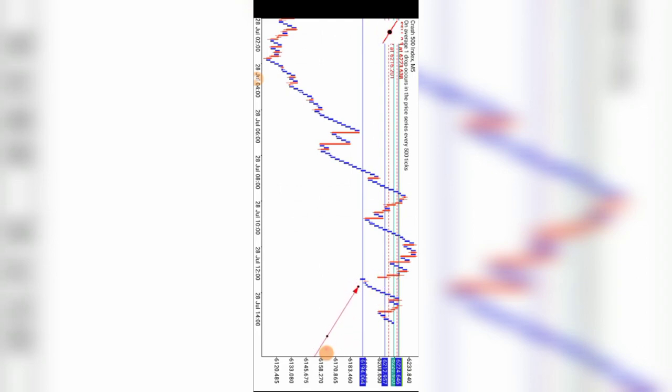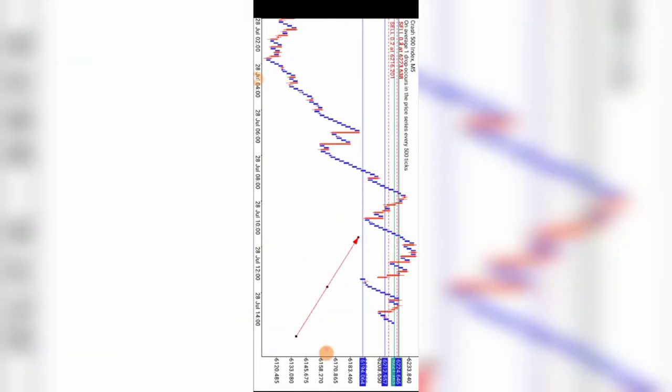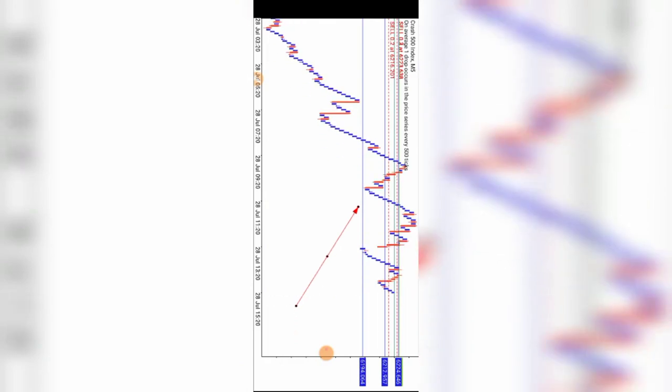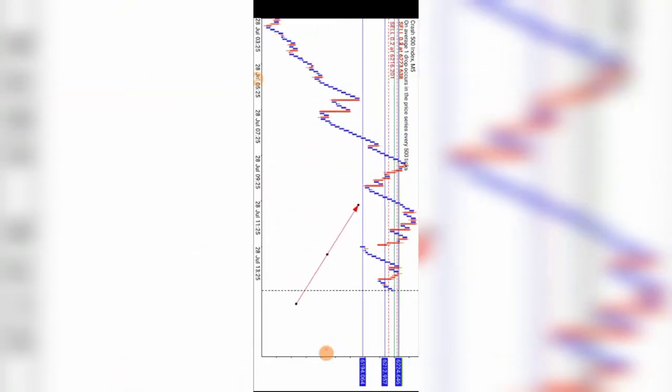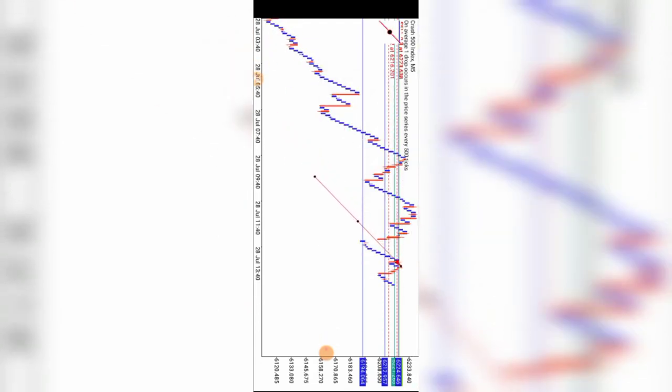Now the possibility we have here, this is the same thing I'm telling you. Look at these two. This is an engineered liquidity, right? Look, this is an equal high. So most likely what they are going to be doing is they will come and take out this equal high.